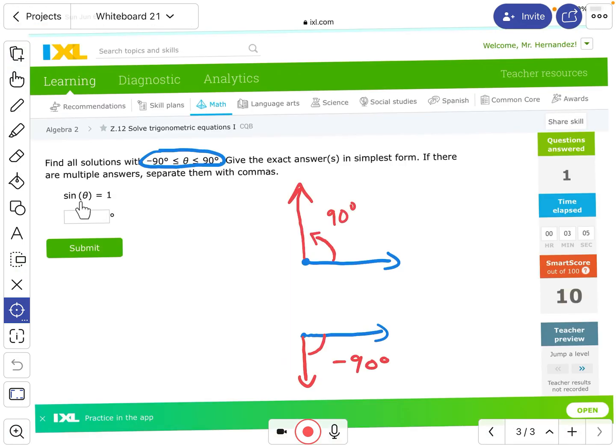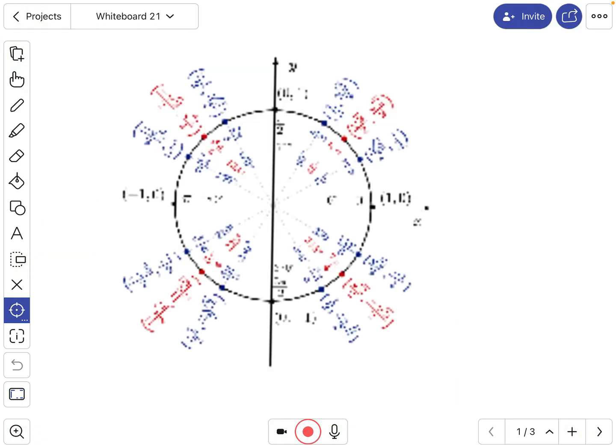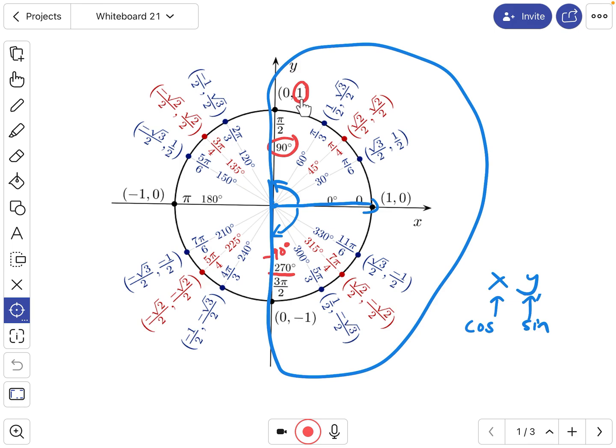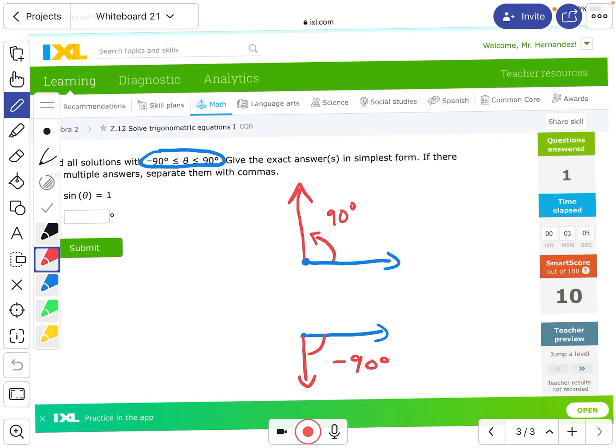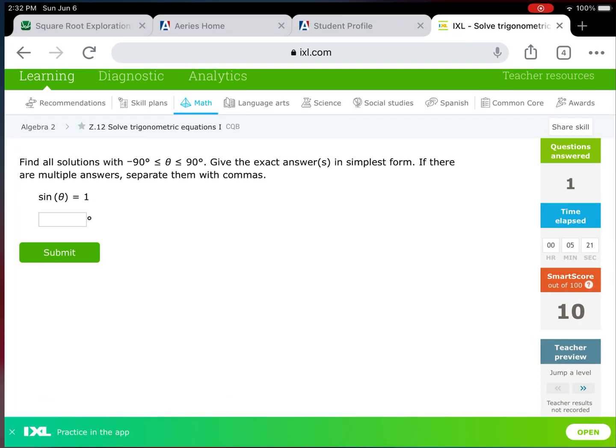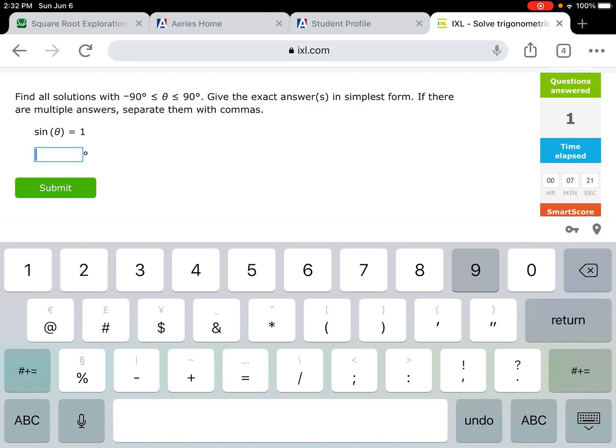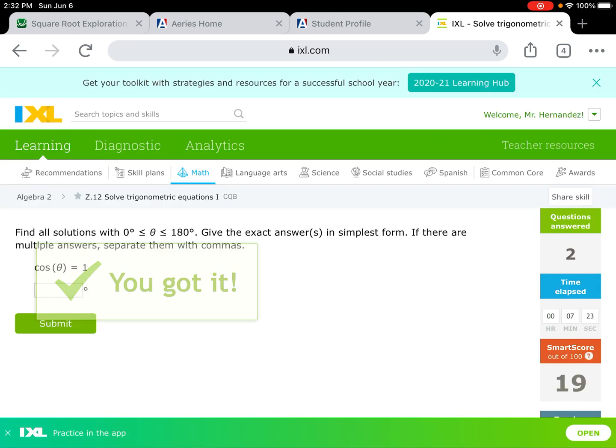So what degree has a sine equal to 1? Well, it looks like there's only one value where the sine is 1 within this range, and that's at 90 degrees. So that's going to be 90. I'm not sure if there could be two answers. No, there's just one. Okay, so this would be the last one.